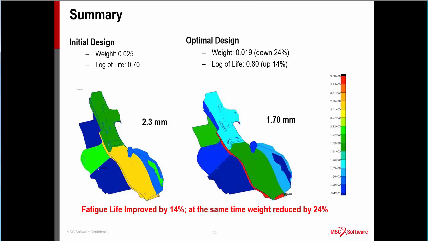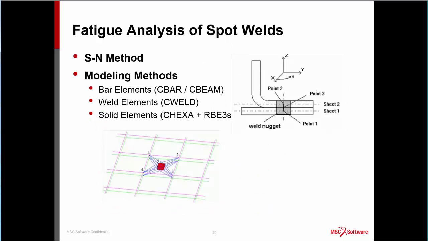The next question is, well, to put those together, you have to use spot welds. And yes, we have the spot weld fatigue analysis inside NEF. The common modeling methods out there are bars or beams. There's the MSC C-weld element that we can handle.